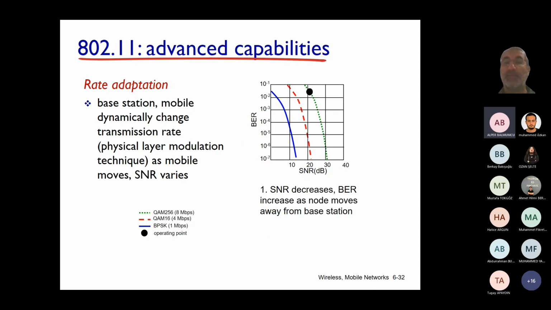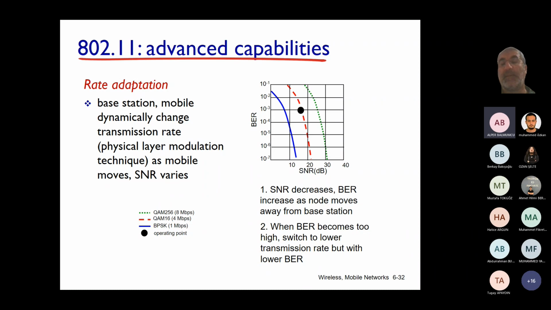SNR decreases. As the SNR decreases, the bit error rate is going to increase because of the movement of the mobile device. So then the base station is going to change the modulation from QAM 256 to QAM 16, so that we can keep the link going even with the low data rate.